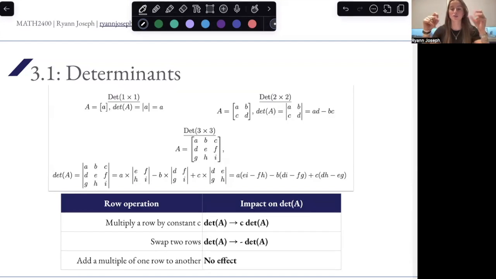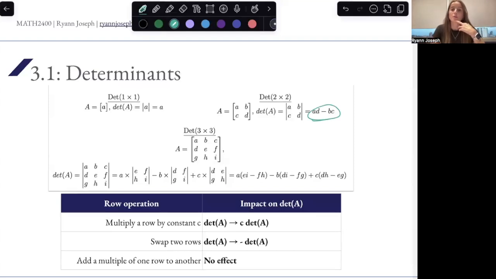If I want to show that I'm taking the determinant of a matrix, I'll put solid lines around it. Note that these lines are different than the augmenting line that we used to augment systems of linear equations from week 2. For the determinant of a 2 by 2 matrix, you just do AD minus BC, and whatever that value is, that's your determinant.